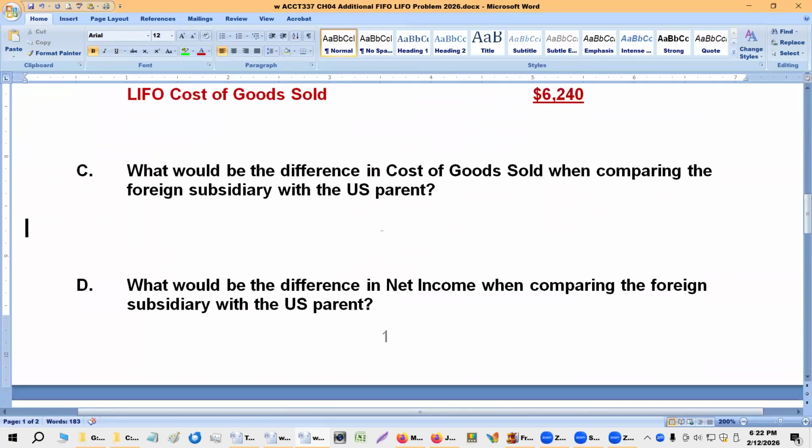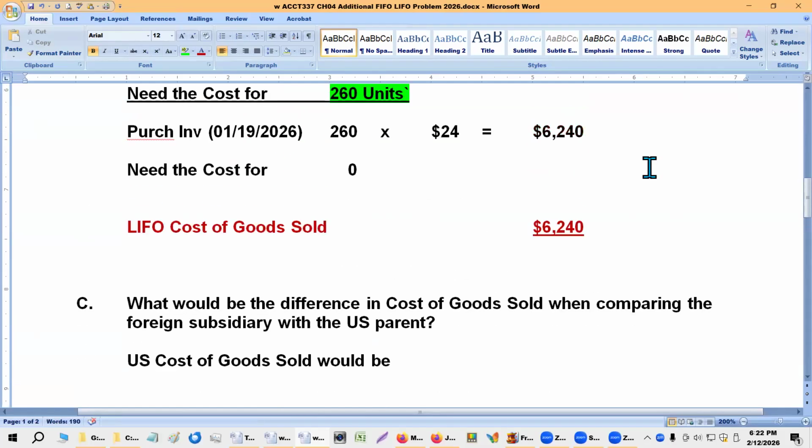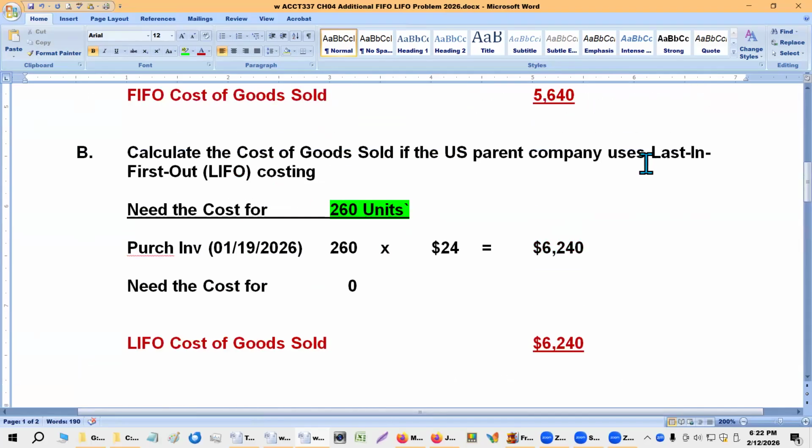So what would be the difference when comparing US? So the US cost of goods sold would be, how much more is it? I think it's 600, right? 6240 minus 5640.